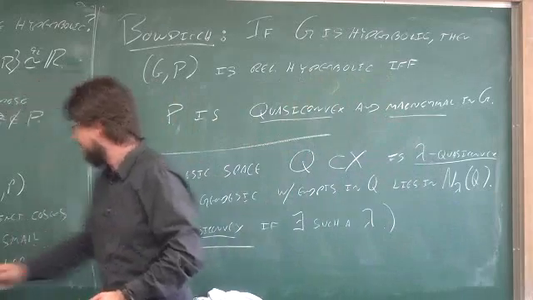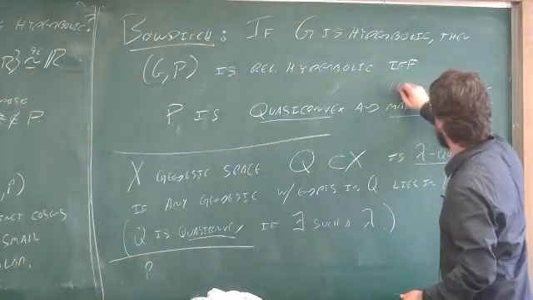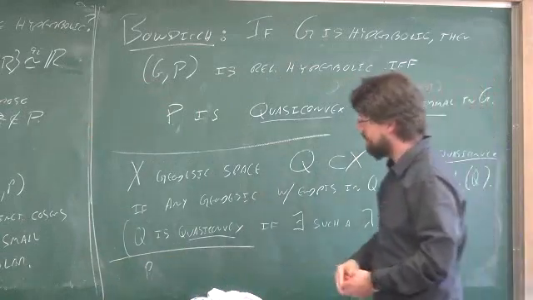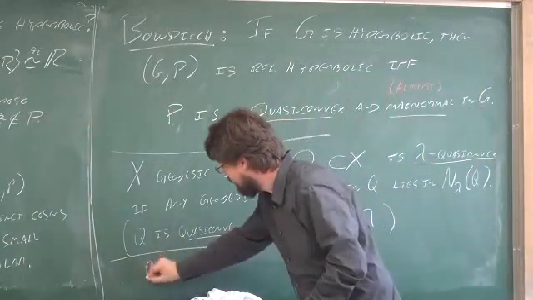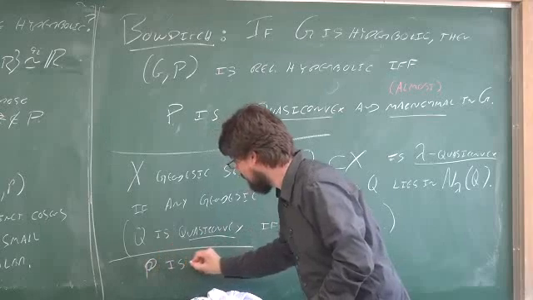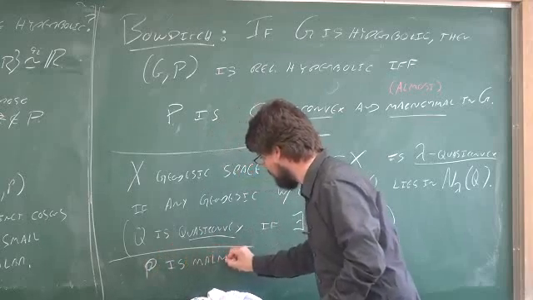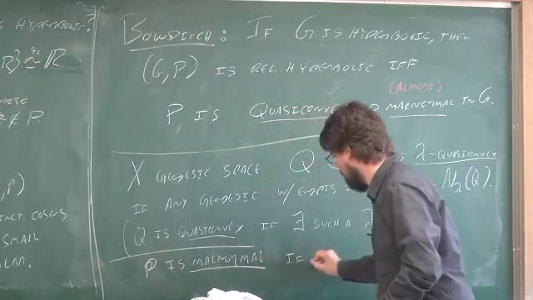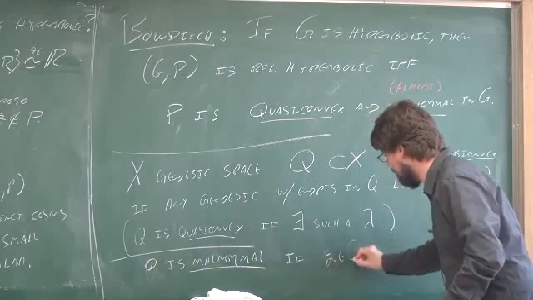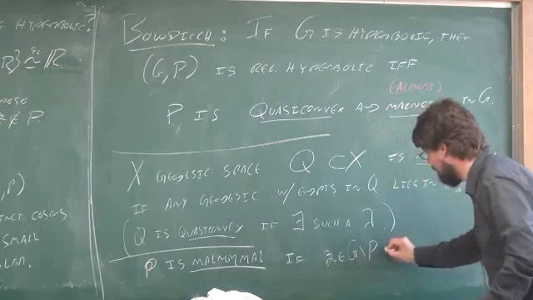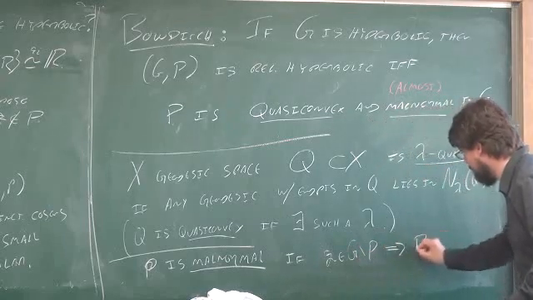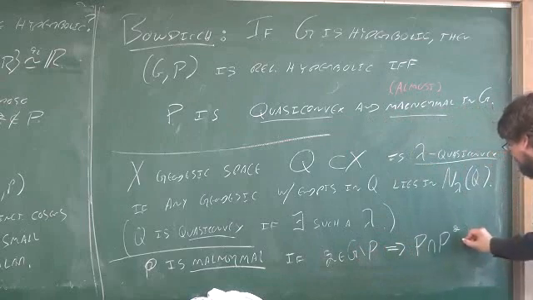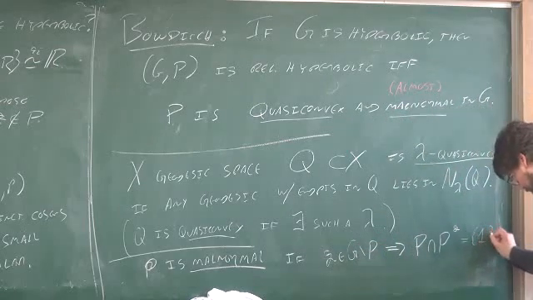Sorry. Almost malnormal. So P is malnormal if whenever I have g in G minus P, that implies that P intersect P conjugated by g is the trivial subgroup.